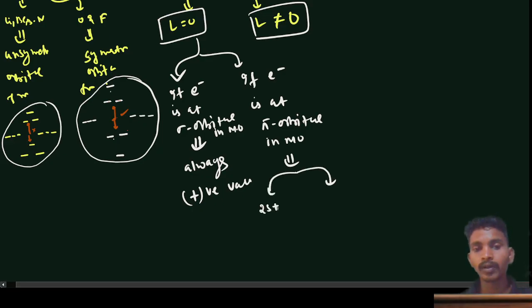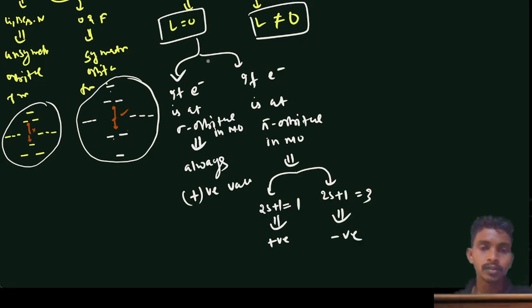If 2S plus 1 is equal to 1, the value is 1, then it is a positive value, and if 2S plus 1 is equal to 3, then this will be negative. So these are the conditions if L is equal to 0.